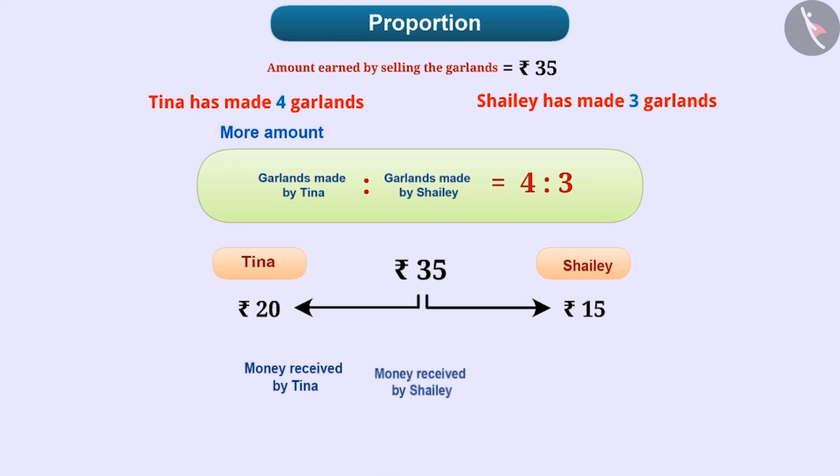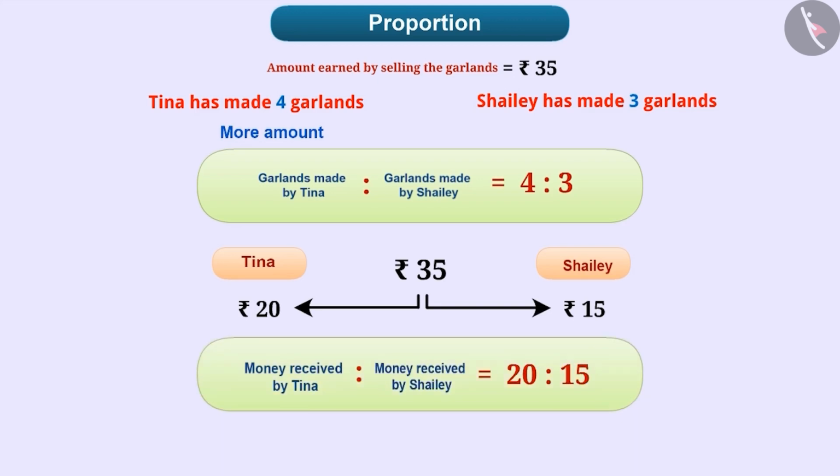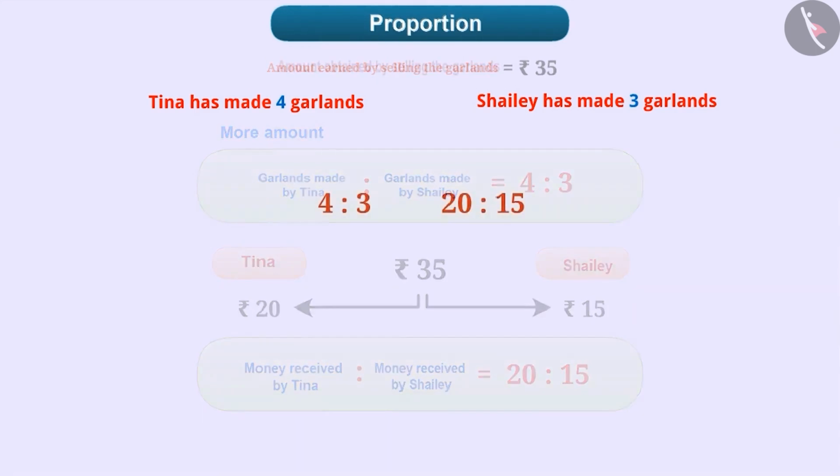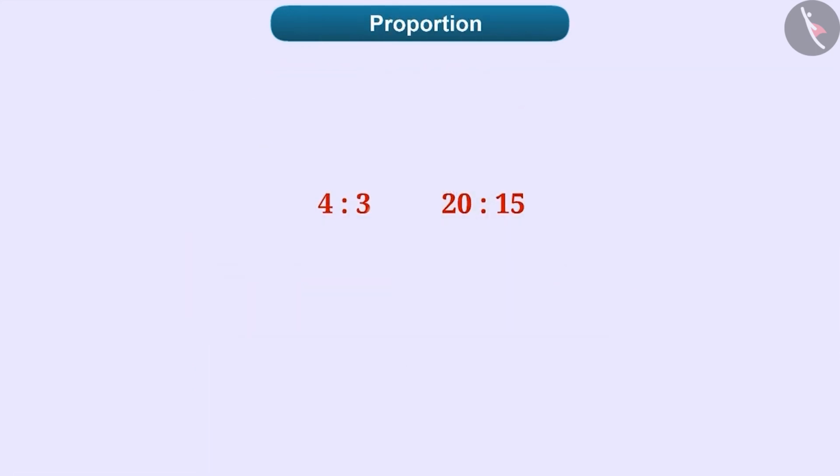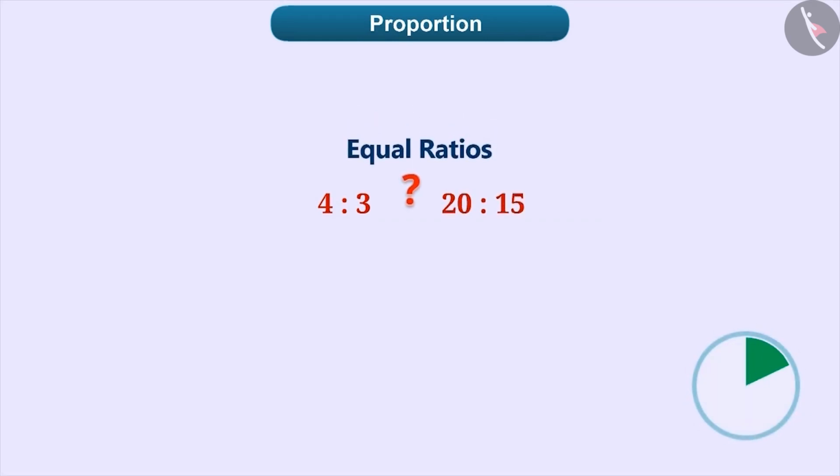Hence, the ratio of the amount received by Tina to the amount received by Shelley is 20:15. Are the ratios 4:3 and 20:15 equal? Think a little. Absolutely correct.